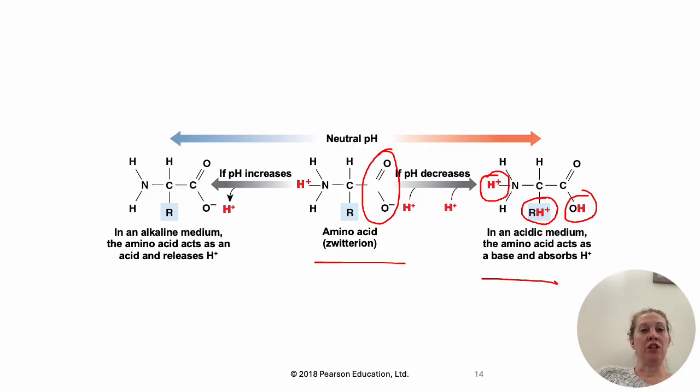If the pH increases and gets too alkaline, on the other hand, then it acts as a weak acid and it releases hydrogen ions into the solution. So it helps, again, to pull the solution back toward neutral.